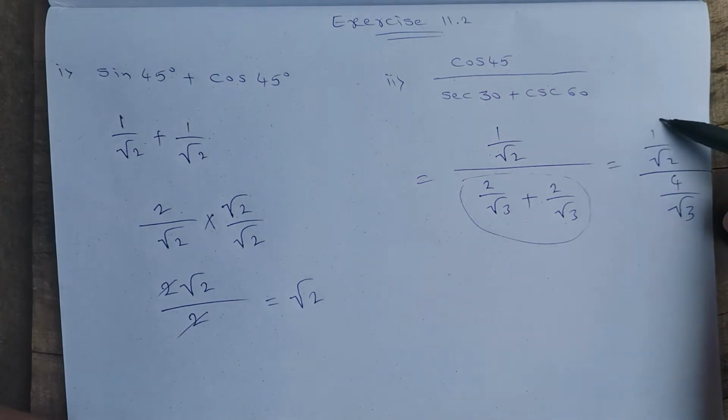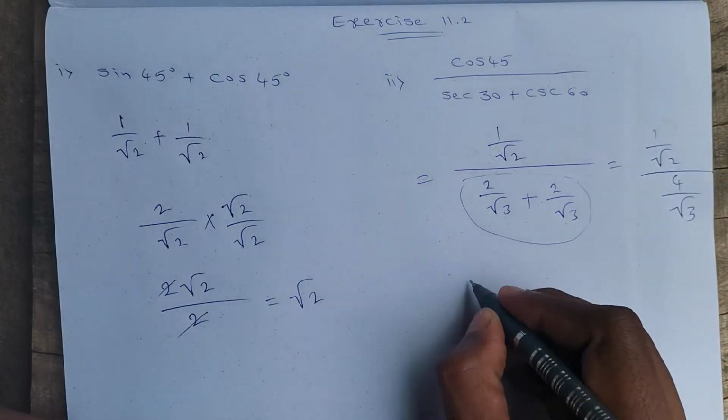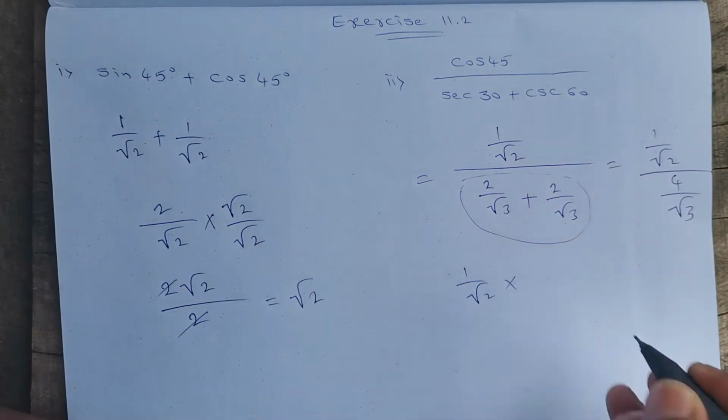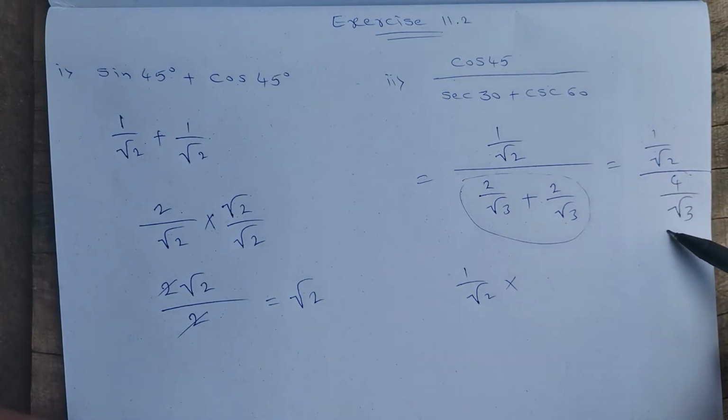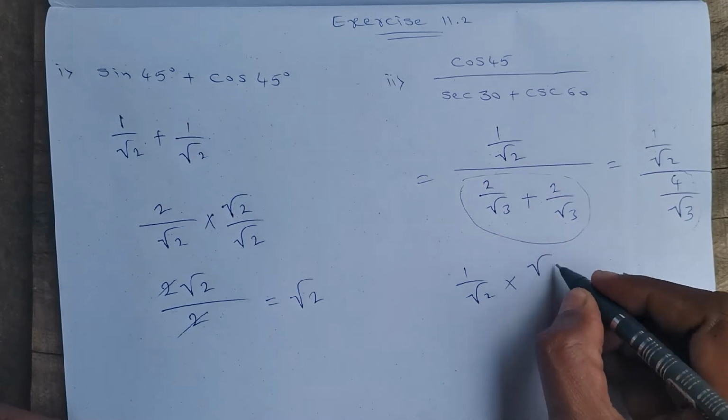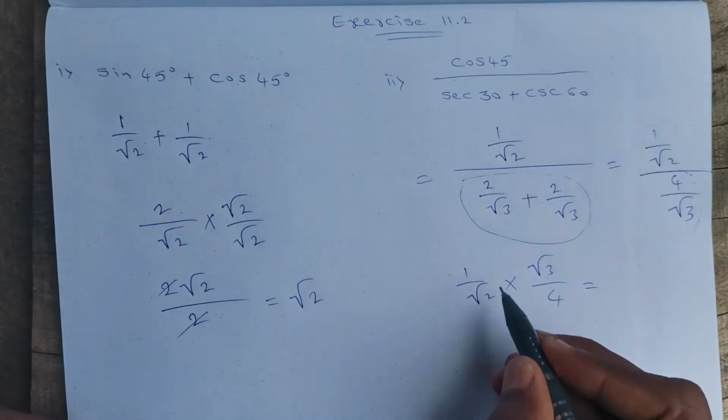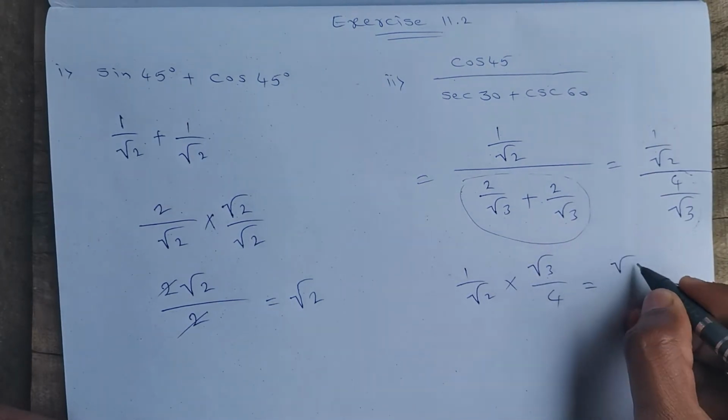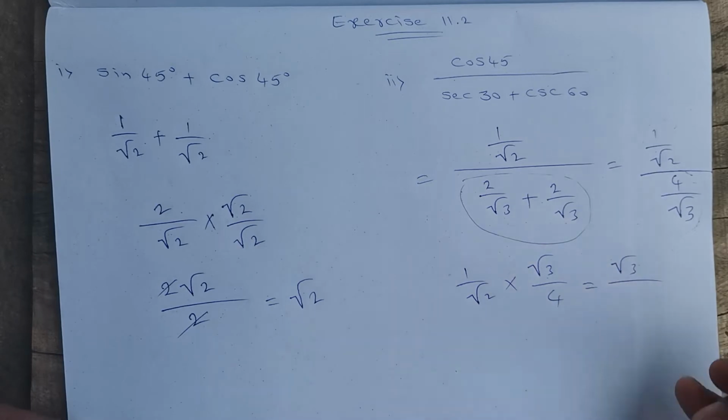Now this total numerator part write as it is, 1 by root 2, into this total denominator part write the reciprocal. So 4 by root 3 reciprocal is root 3 by 4. 1 into root 3 divided by 4 into root 2, 4 root 2.